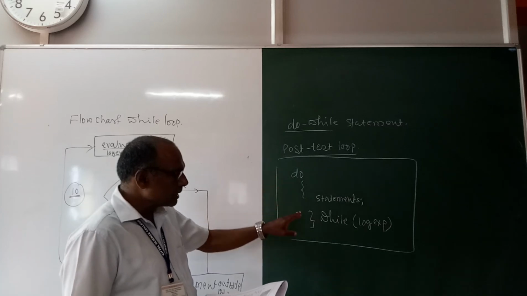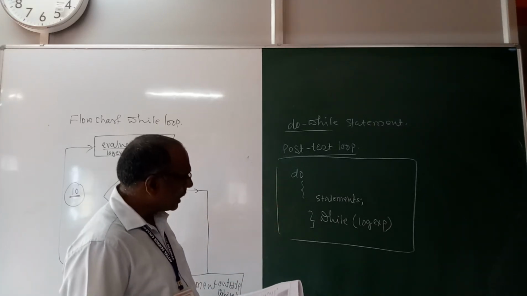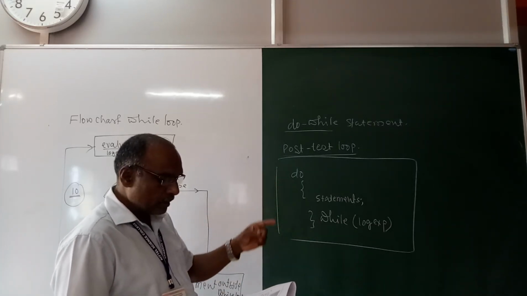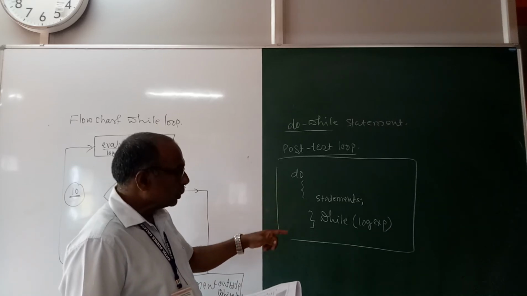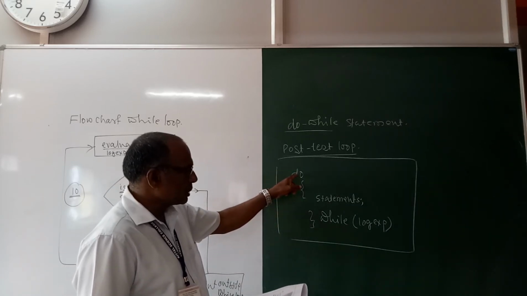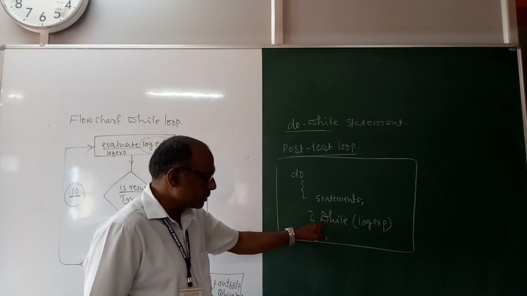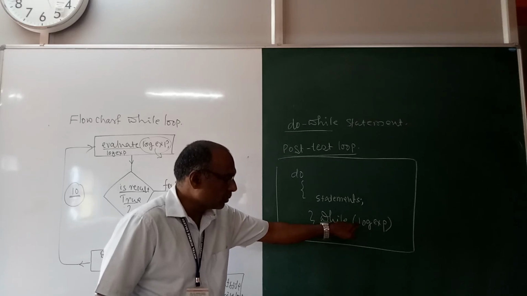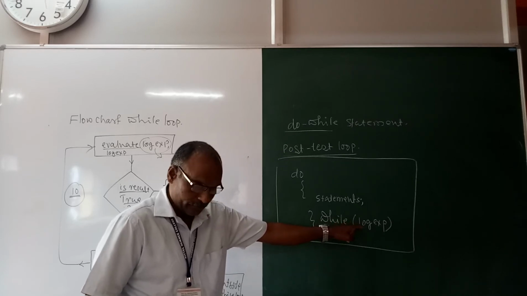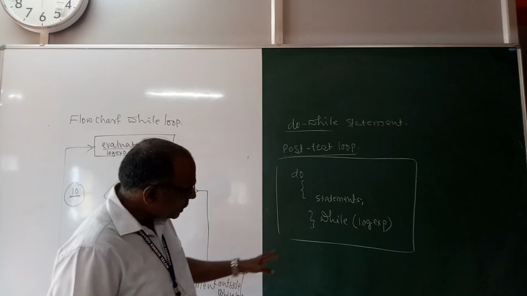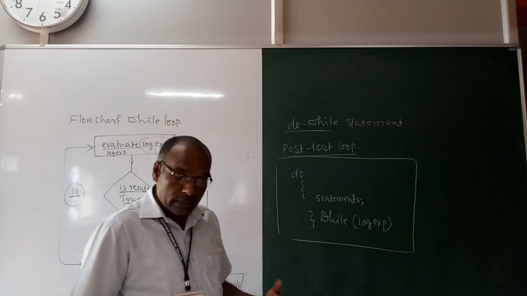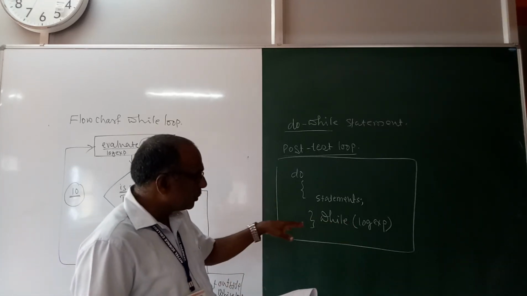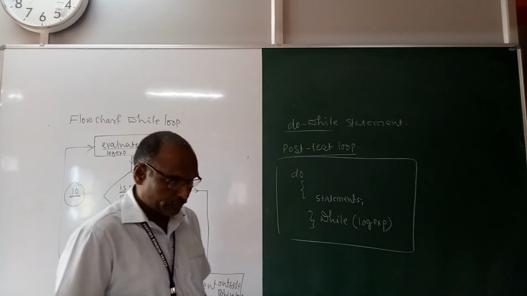Now, this do while statement should have at least one loop, that is, it should start from do and end with this, because the logical expression, the control, is placed at the end. The logical test for repetition of the loop is placed at the end.